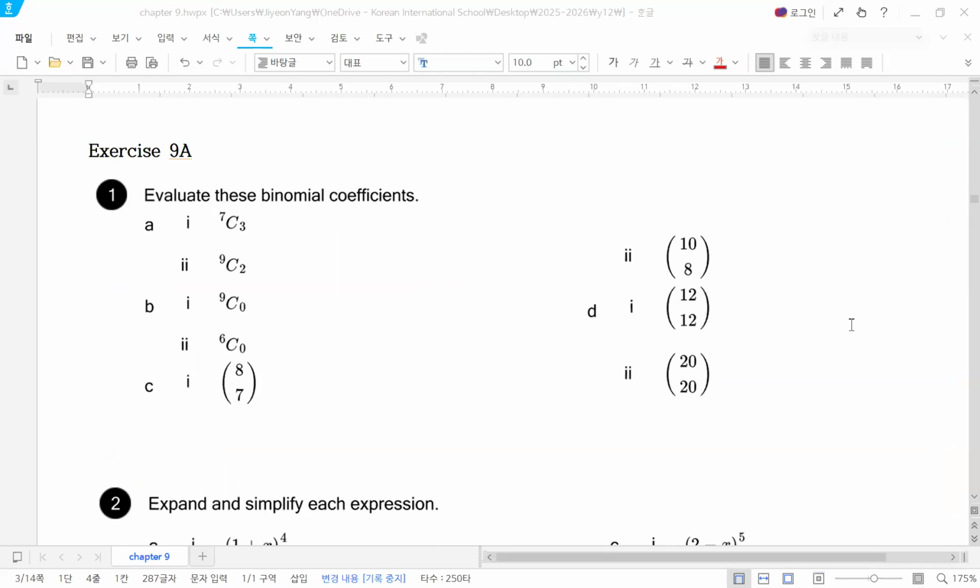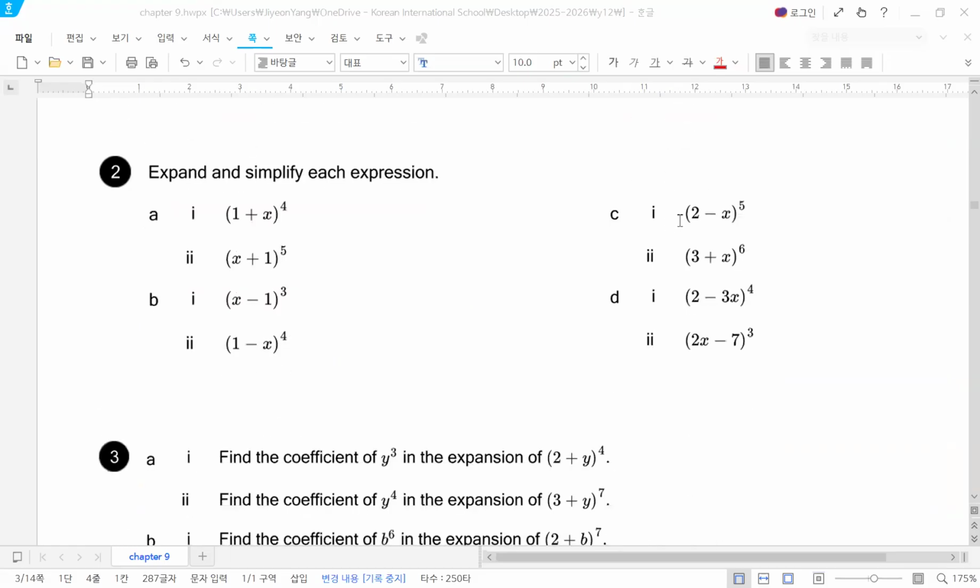Okay, guys, I am going to skip this question because it's just to ask you whether you can use your calculator or not, okay? And then A1, Isaac.